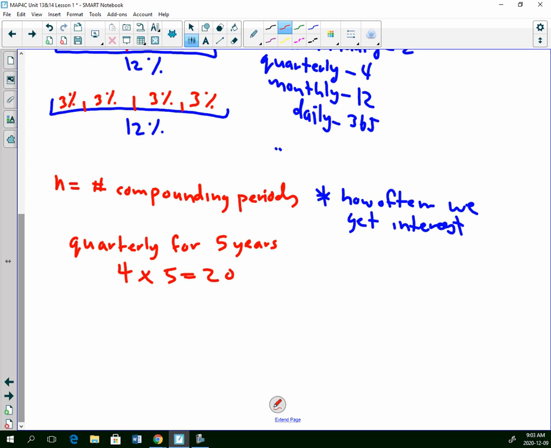I would get interest 20 times, right? I get 4 the first year, 4 the second year, 4 the third year, and so on. I could get monthly for 3 years. So it would be 12 times a year for 3 years. It's 36, okay? So the I and the N are the most important part of the question.